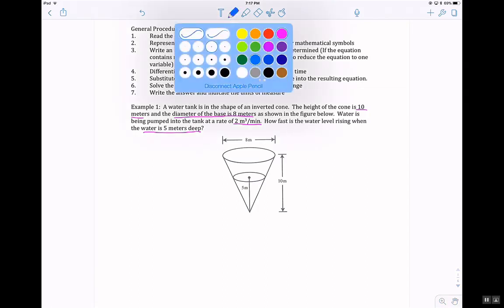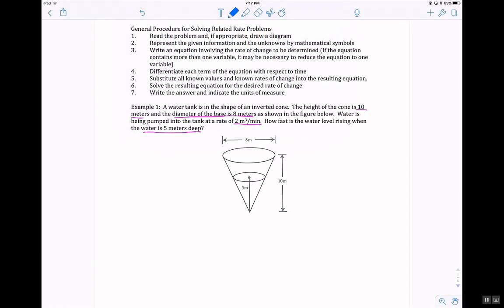Okay, so the easiest thing to do, in my opinion, is to go through and label all my variables. So let V be the volume of the water in the tank.